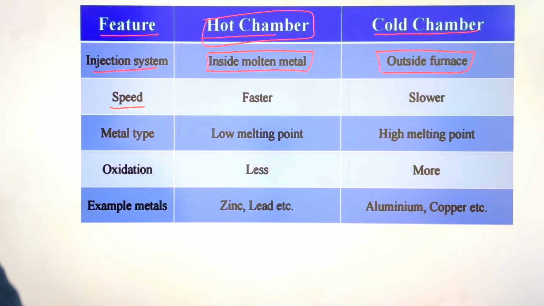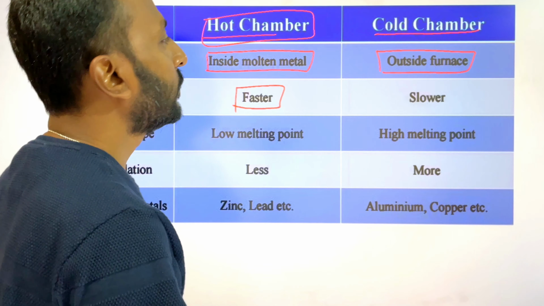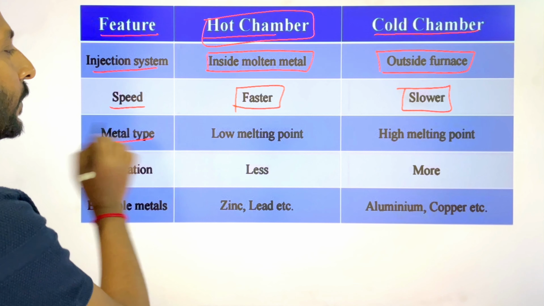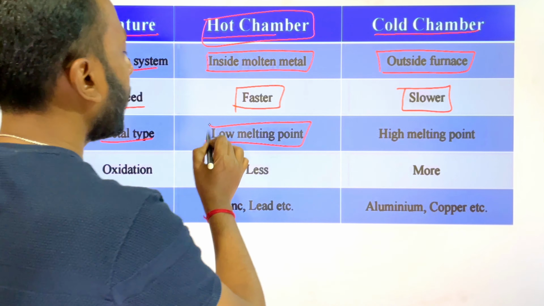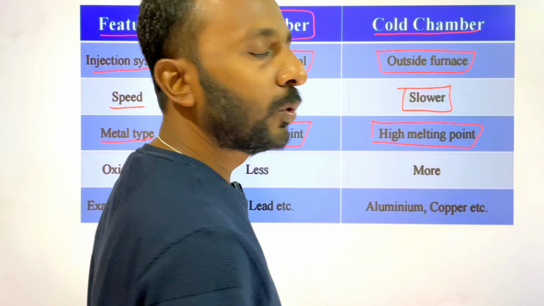For the speed, hot chamber die casting is a faster process, but cold chamber die casting is a slower process. For metal type, low melting point alloys are used in hot chamber, and high melting point alloys are used in cold chamber die casting.